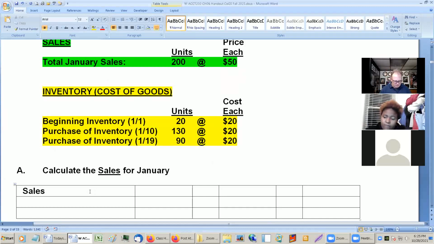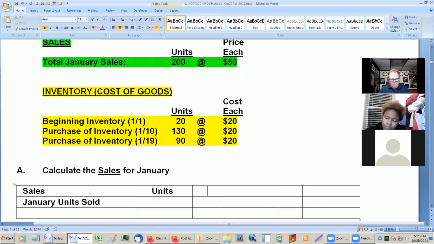Okay, so our sales. And sales are actually pretty easy for any company usually. When you handed them the product, what did they hand you back? That's the sales. So it's usually not too much of a problem to get the sales.